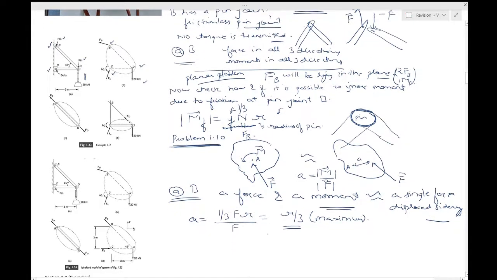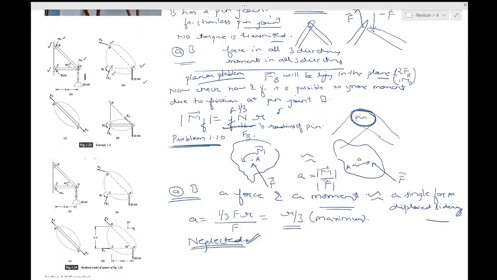This can be neglected because the pin is very small and 1 by 3rd of that radius will be much smaller than any other dimension. That is why you can neglect the moment due to friction in a pin joint.